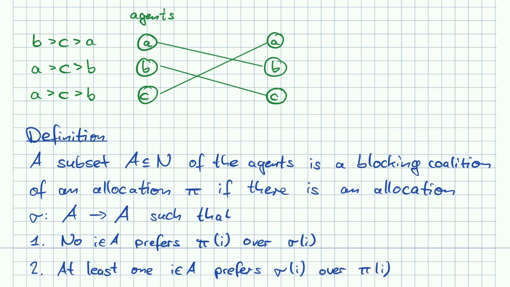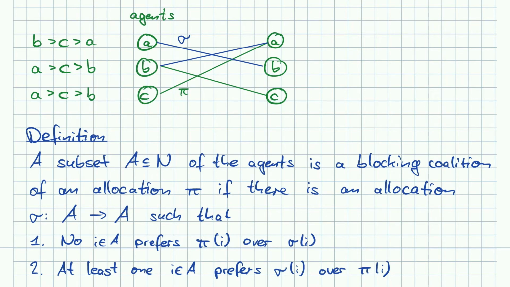And in this allocation here, we found a blocking coalition, namely agents A and B, because there is this blue allocation. So this would be allocation sigma. The green one, this would be allocation pi.